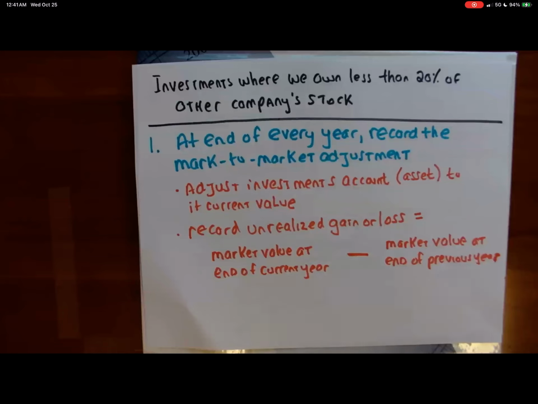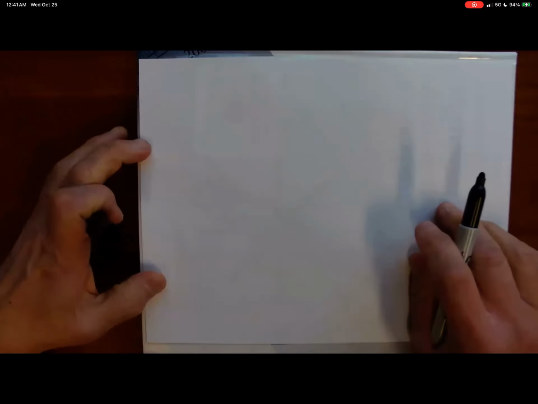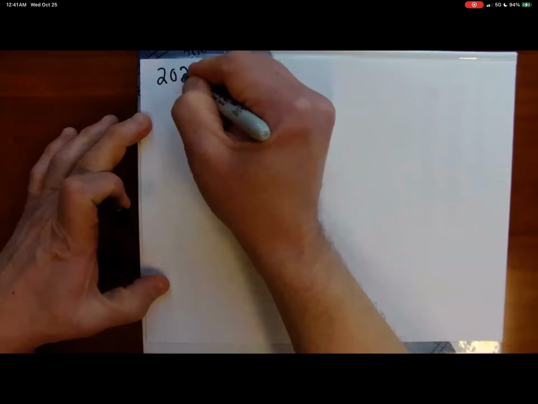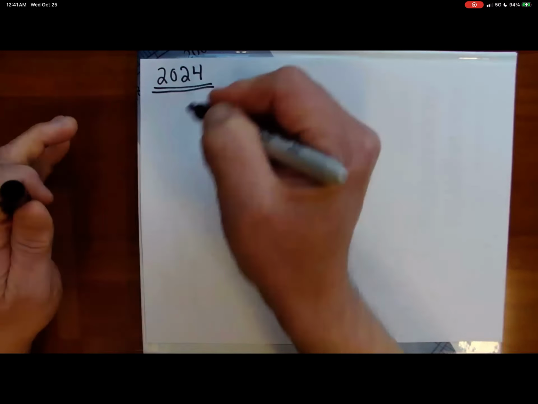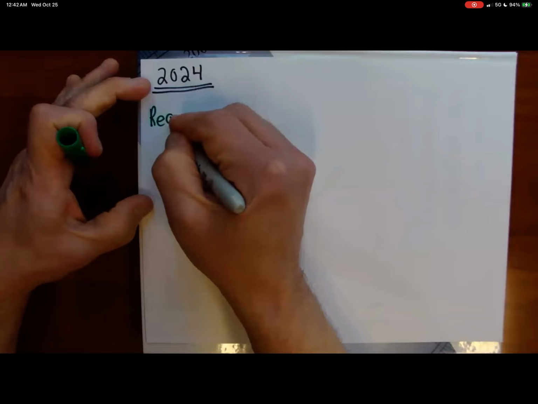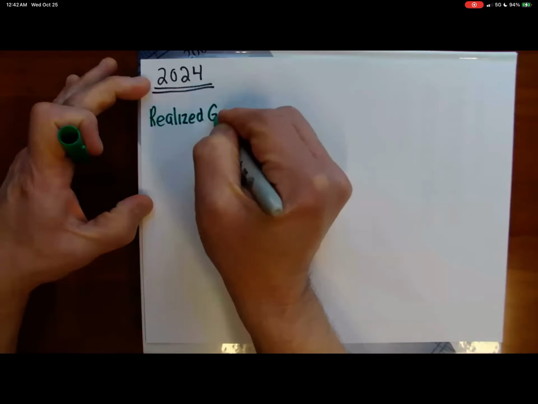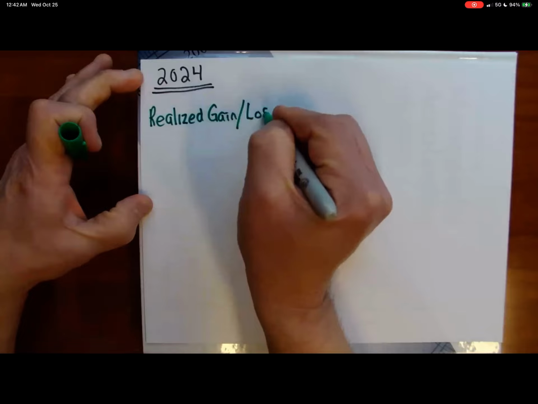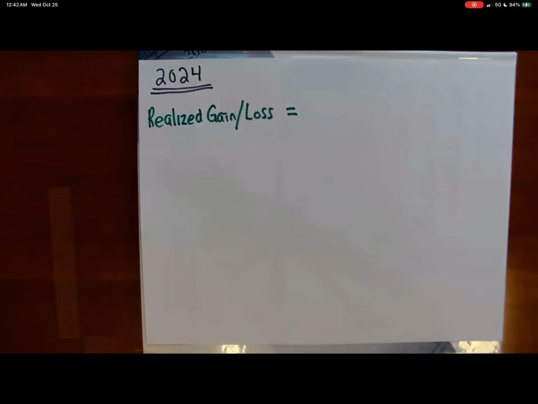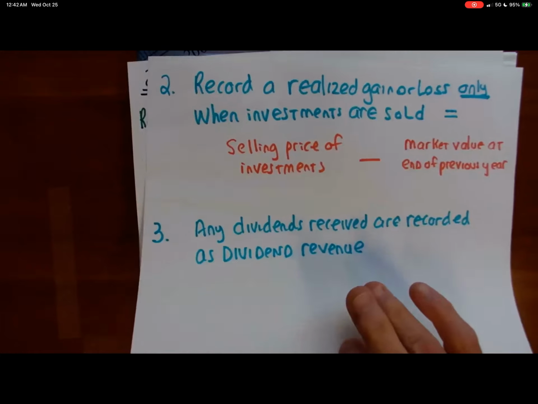So here in 2024, our first year, the first thing they want us to calculate is the amount of the realized gain or loss for the year. And I remember what we wrote out 5 minutes ago.